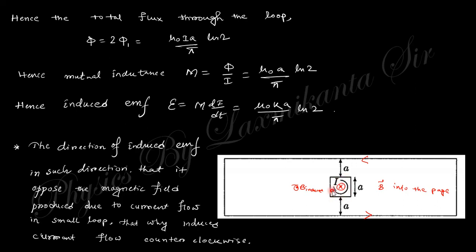The magnetic field of this current will be into the page, so the induced current flows in such a direction that its field is outward, out of this page. Next one.